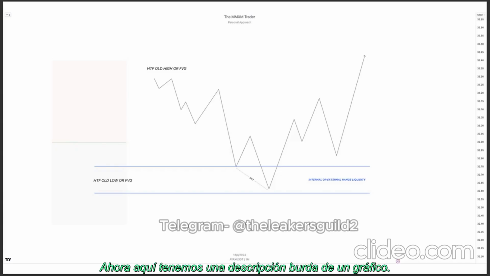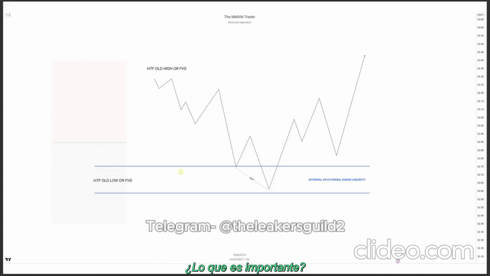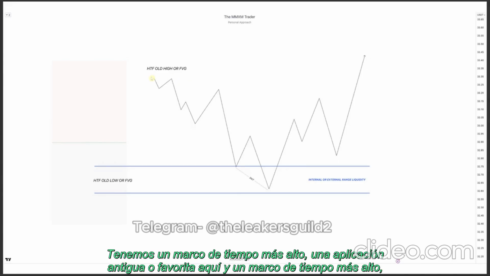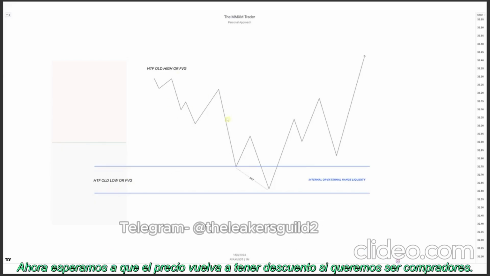Now over here we've got a crude depiction of a chart. We've got the line chart over here. What is important? Firstly we talk about the premium and discount of the range. We've got a higher time frame old high or fair value gap here and a higher time frame old low or fair value gap there. Now we wait for price to come back into discount if we want to be a buyer.